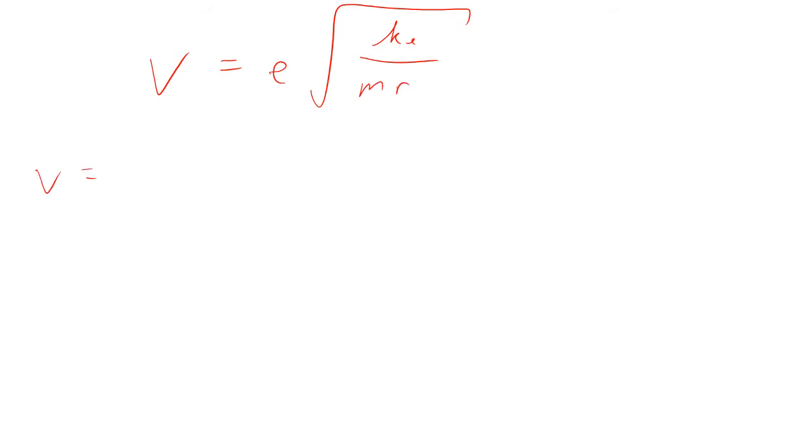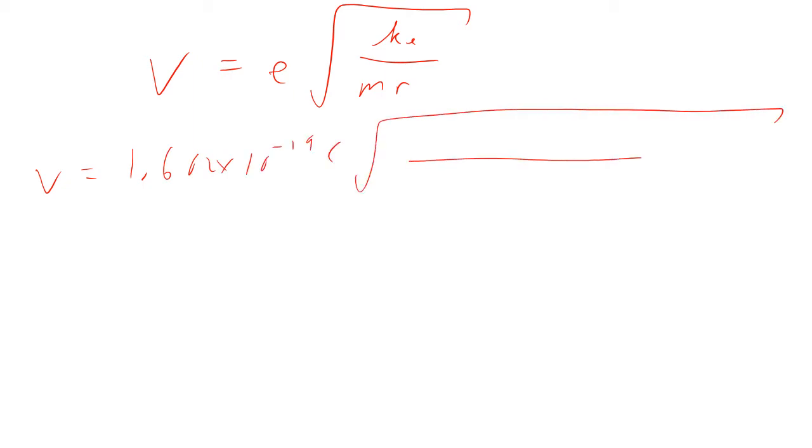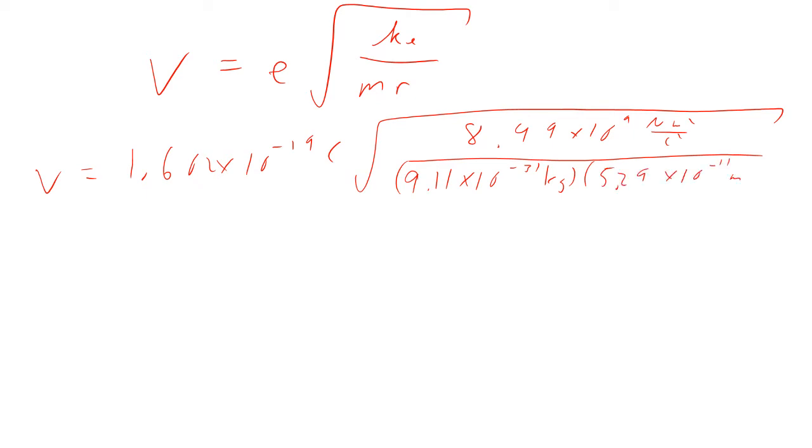So the velocity is 1.602 times 10 to the minus 19 coulombs times k_e, 8.99 times 10 to the 9 newton meters squared per coulomb squared, divided by 9.11 times 10 to the minus 31 kilograms, and r turns out to be the Bohr radius, 5.29 times 10 to the minus 11 meters.